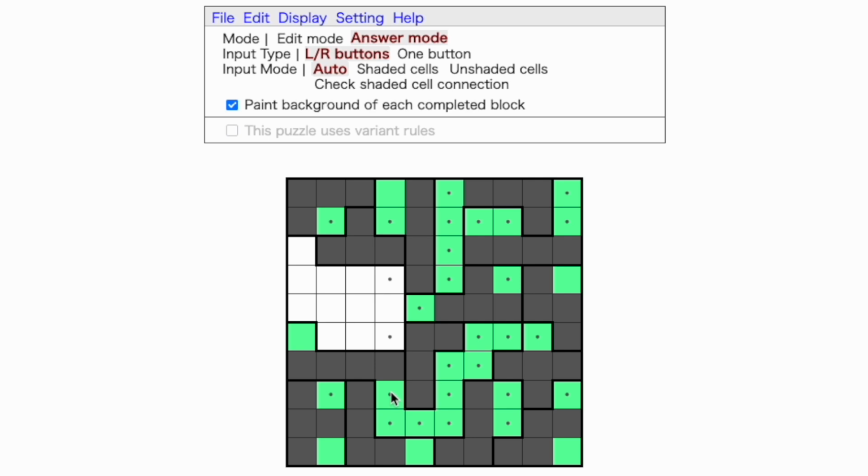But can we... Is there only one? There's only one arrangement of two shapes that fits in there, and it would cause some conflicts. And unfortunately, there are two ways to do an S that connects these things.